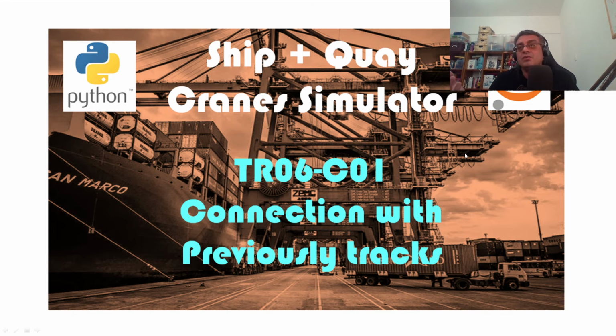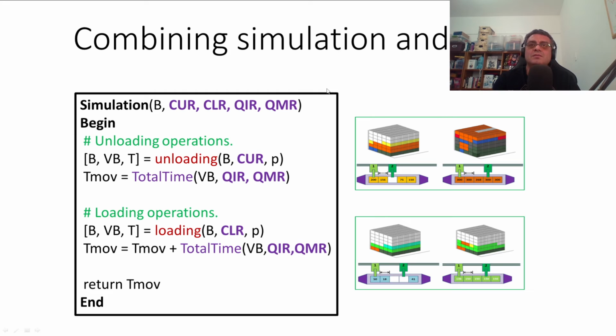After this, we have to employ this joint operation of quay cranes inside the container ship simulator. So we made a joint simulator of a container ship and quay cranes, and this is track 6. In track 6, we also added a new function that is interesting because it's not only about the number of movements.